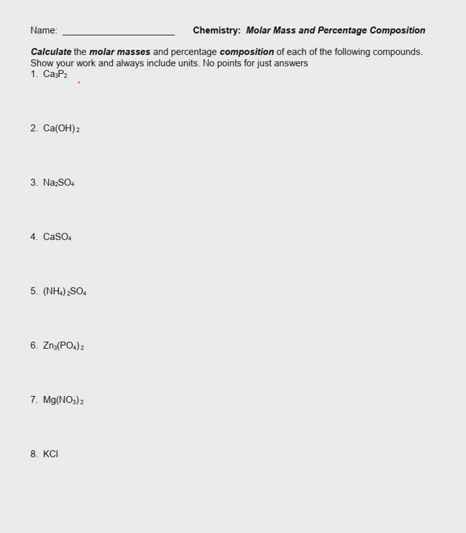You're going to list your elements, Ca and P, and atomic mass, and then times the number of pieces. Make your little grid, hopefully better than I am. And you look to see what your atomic masses are.